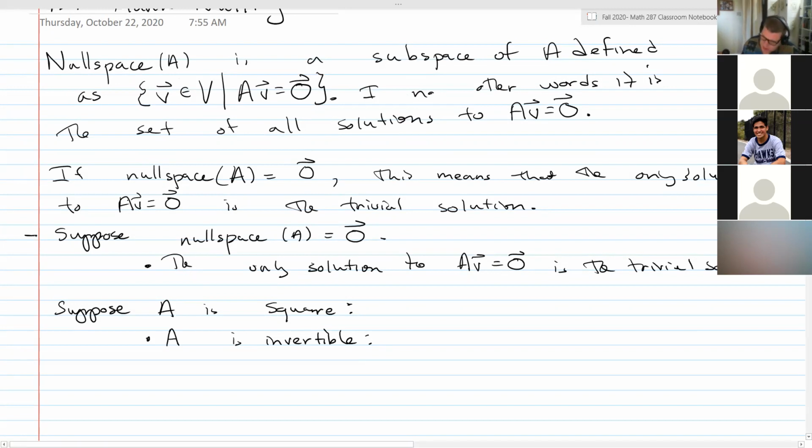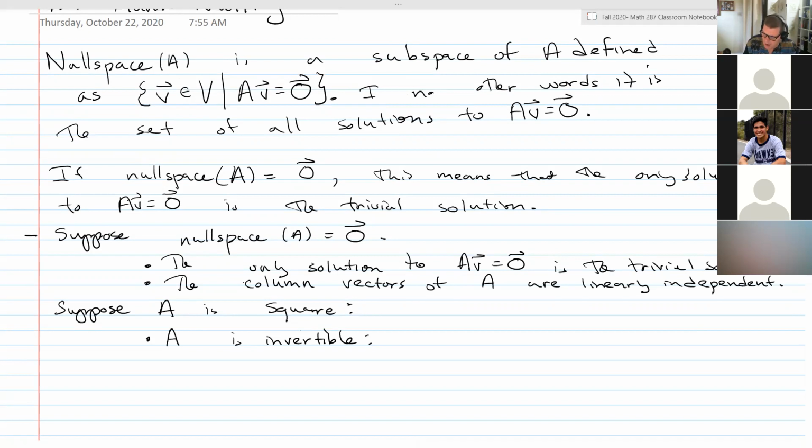Let's go back up to just supposing the null space of A is equal to 0. We also get that the column vectors of A are linearly independent. That's going to be the case whether A is square or not.